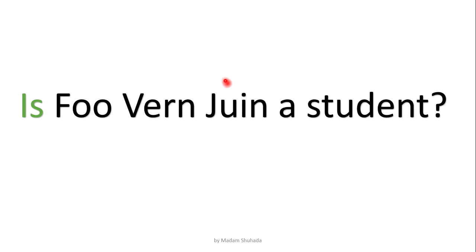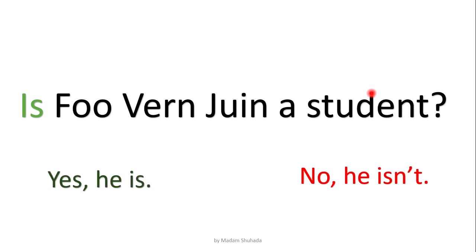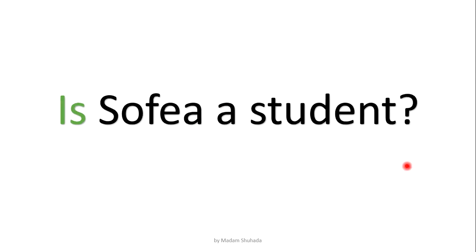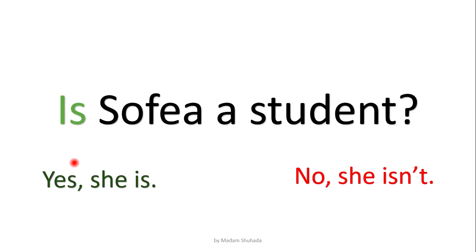Is Fu Wenjun a student? Yes, he is. No, he isn't. Is Sophia a student? Again, I repeat, we will start with the be verb followed by the subject and the condition. Is Sophia a student? Yes, she is.